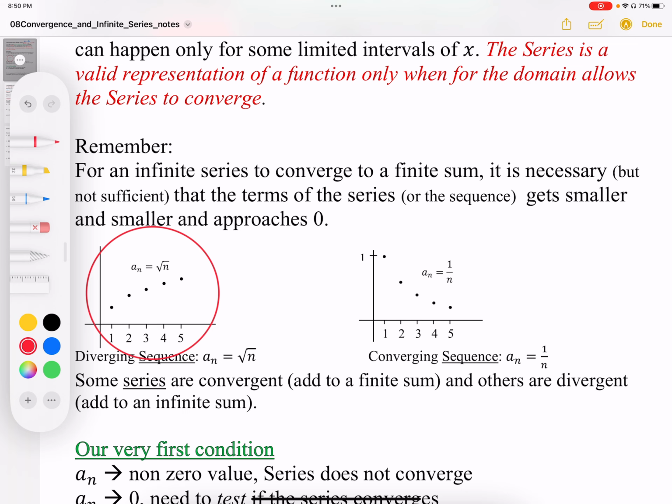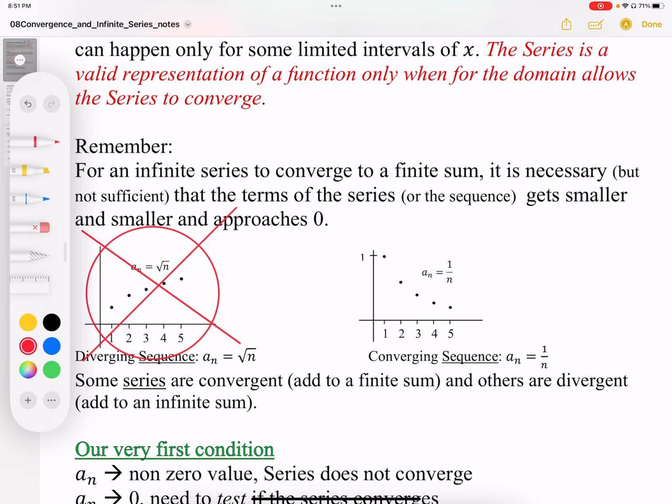As n gets bigger, the terms get bigger and bigger. If we add up all these terms and every term gets bigger, we're going to have an infinite sum. So this is diverging, and this is not very useful to us. We need these things to converge for us to be able to use them, so we can eliminate that right away.